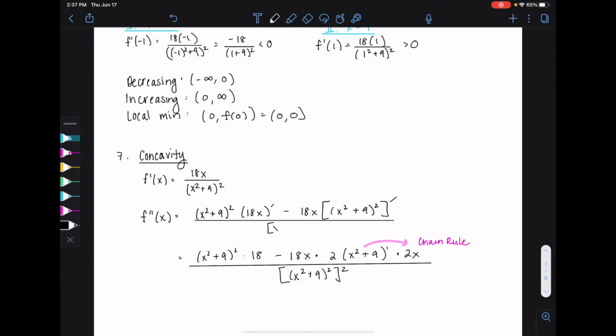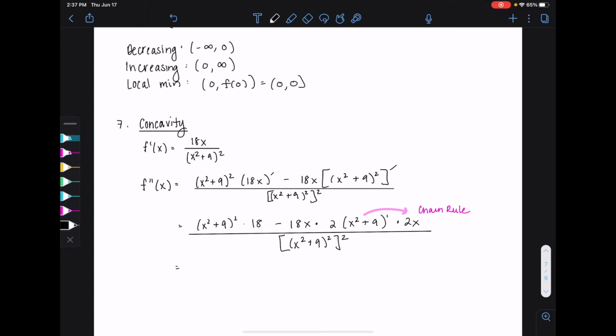So this is divided by the denominator squared. Okay. So we do have to simplify this a little bit if we can. This is 18 times x squared plus 9 squared.